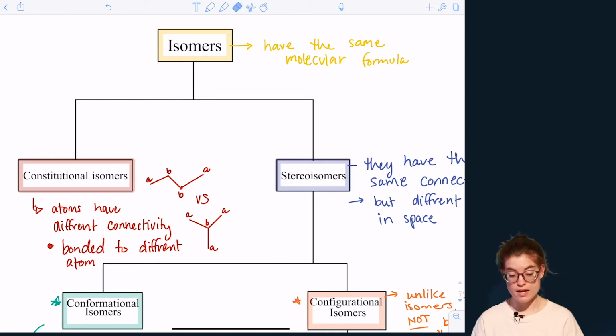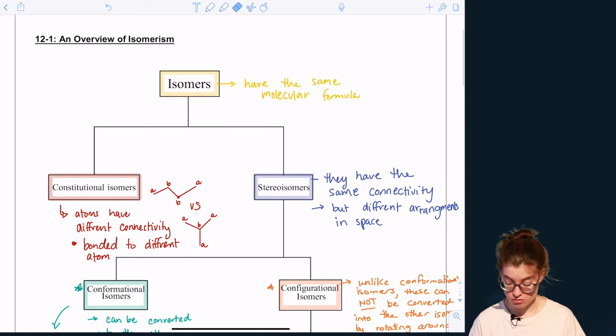So, constitutional isomers relate to each other by having different connectivity. Now, stereoisomers, on the other hand, actually have the same connectivity. The only thing that differs between the isomers is the arrangement of their groups in space.